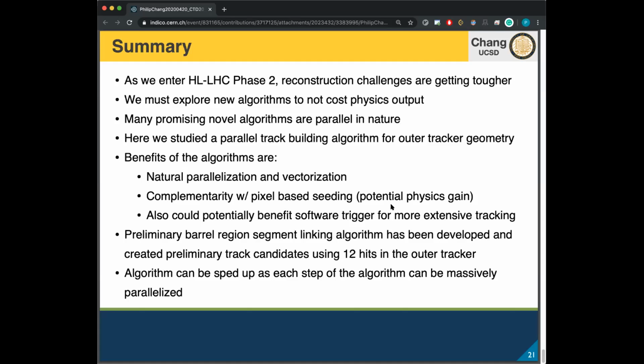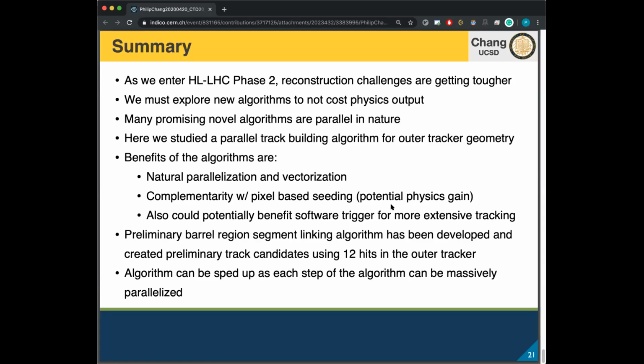Many promising novel algorithms are currently being developed, and what they have in common, the keyword here, I believe, is parallel. Here we've studied a parallel track building algorithm for the outer tracker geometry in CMS. This kind of algorithm has very natural benefits from parallelization and vectorization, does not rely on the inner tracker, and can naturally target displaced tracks as well.